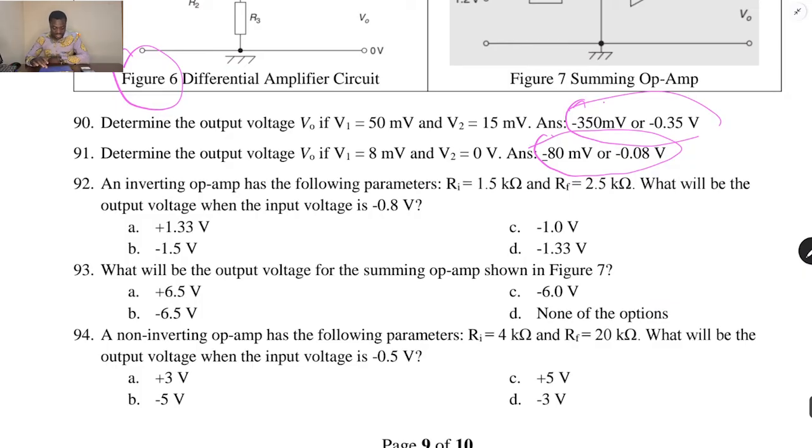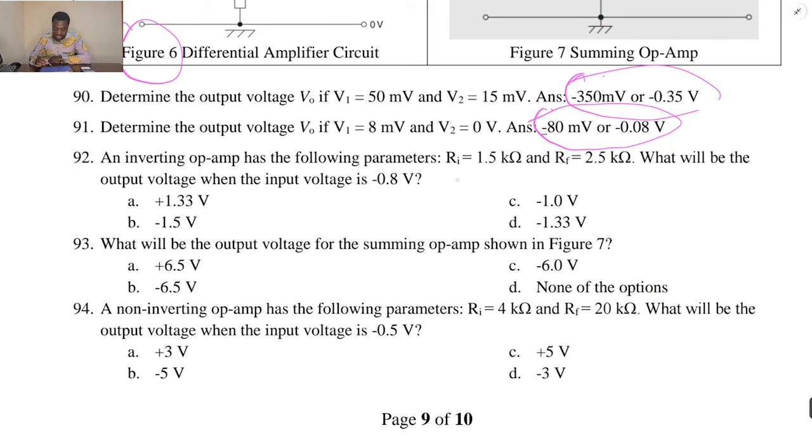Now moving to the next question, question 82. An inverting operational amplifier has the following parameters. So we have Ri 1.5, RF 2.5 kilo ohms. And what will be the output voltage when the input voltage is minus 0.8? For inverting operational amplifier, the output voltage is going to equal minus RF over Ri times Vin.